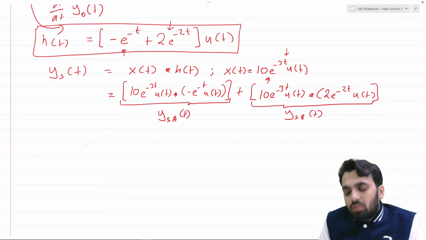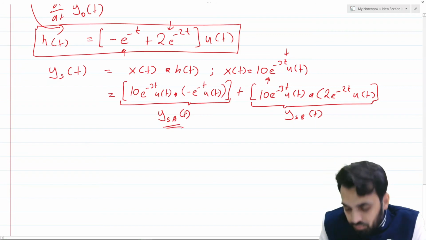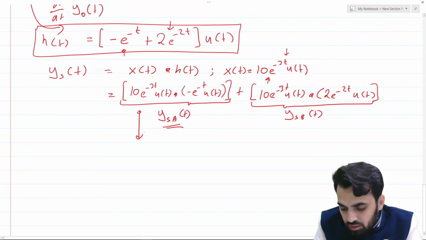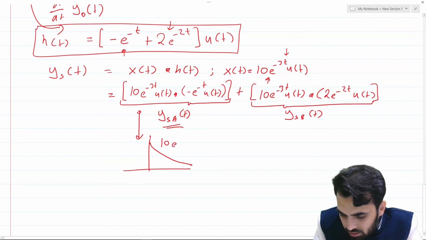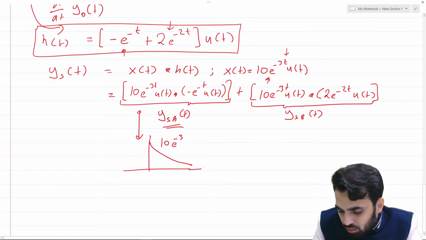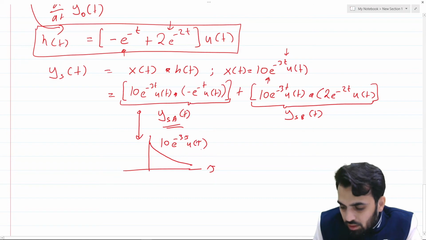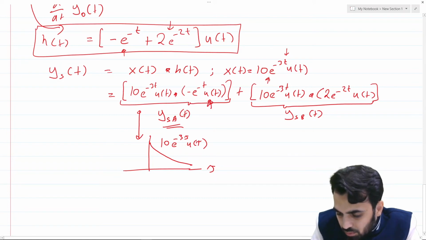So let us next calculate y_sa(t). If we need to convolve these two functions, we have one function which is 10e^(-3τ)u(τ). Let me change the variable from t to tau. Then we are going to flip this part.